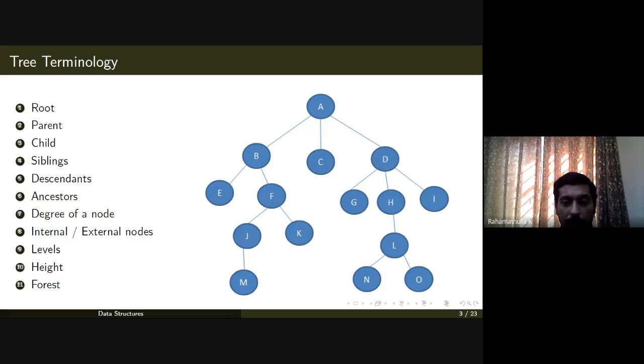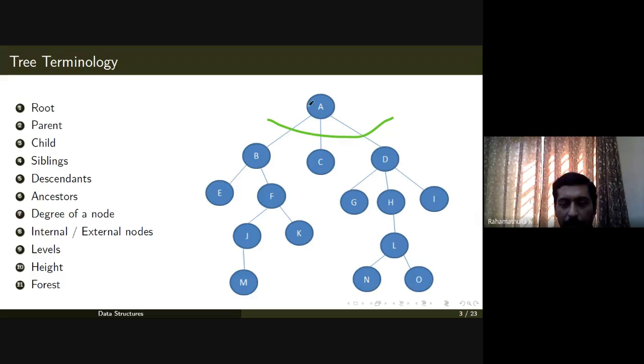In addition to that, the tree data structure needs to have another property which comes inside the definition. If you remove a particular vertex, for example, if you remove this node A and you remove all these edges, A to B, A to C and A to D, then what is left behind will be subtrees.